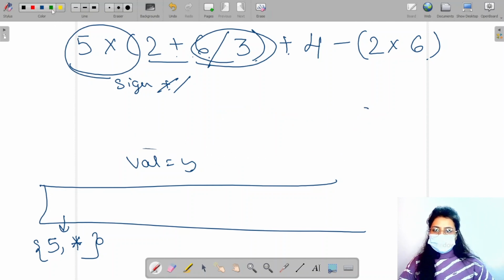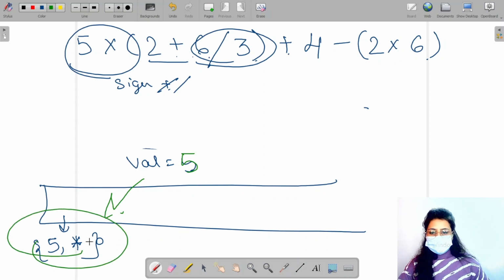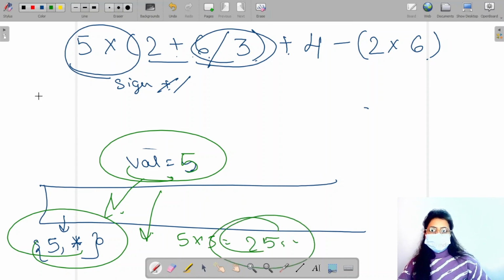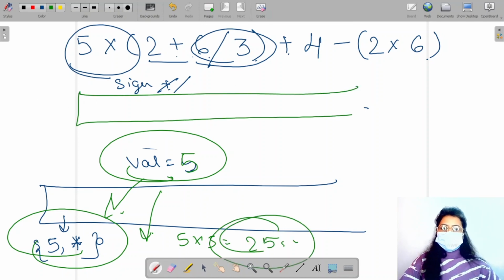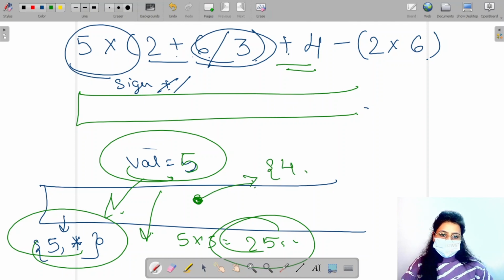So this gave 5 as value. This will get multiplied by the pair class, which is 5 into 5, and we'll get 25, right? Now another stack, a new stack came, and we'll have one more pair class, pair, which will have 4 and minus sign, right?